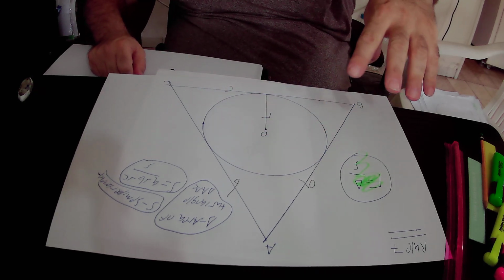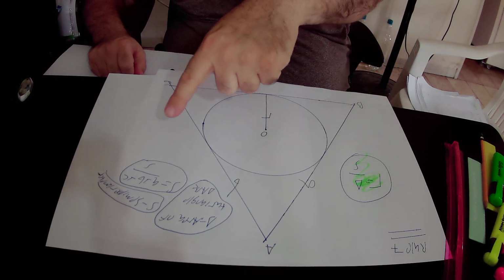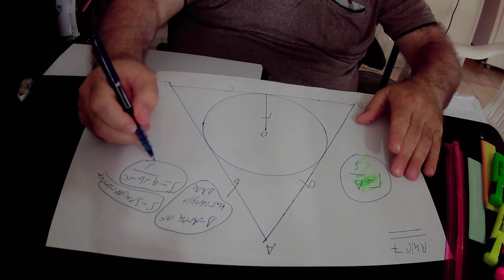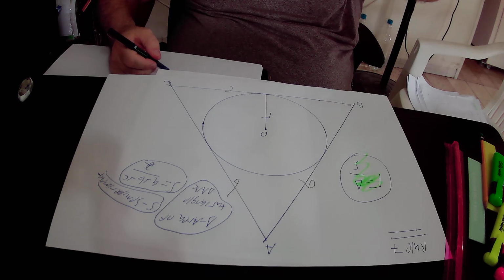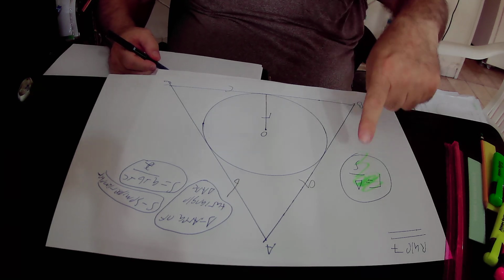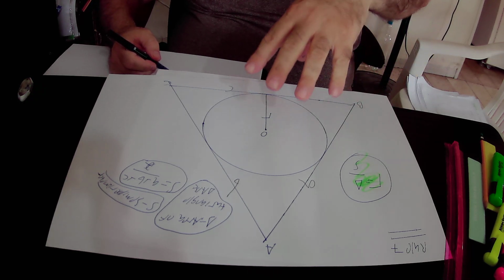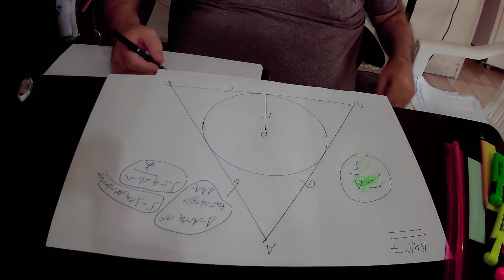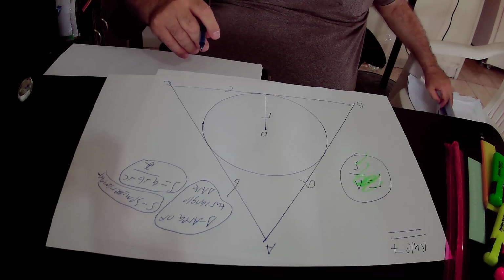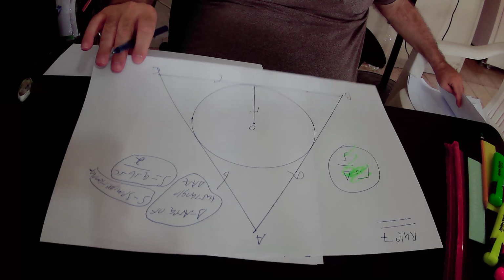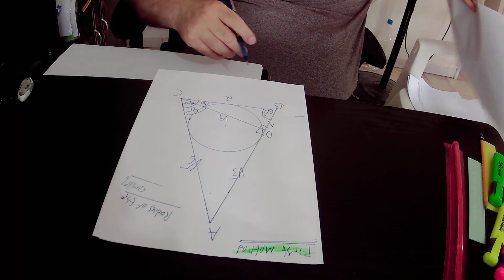Therefore, the sum of the side lengths of triangle ABC is A plus B plus C, and if we divide it by 2, we get the semi-perimeter of triangle ABC. So the area over the semi-perimeter of triangle ABC will be equal to the radius of this circle. We use this formula in order to find the radius of the circle that we are looking for.